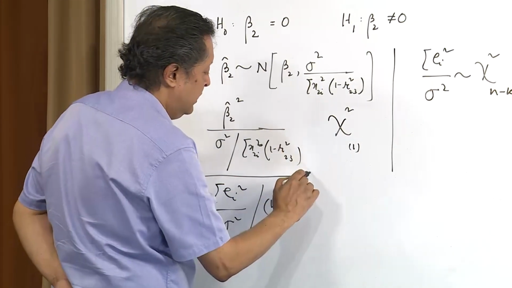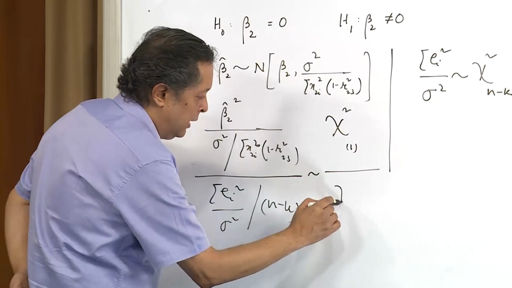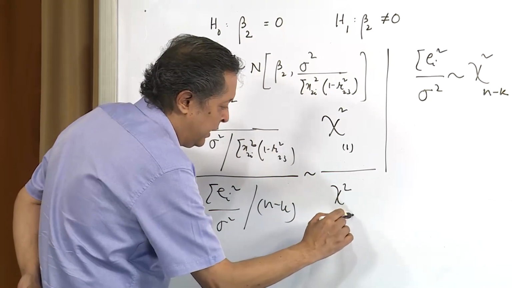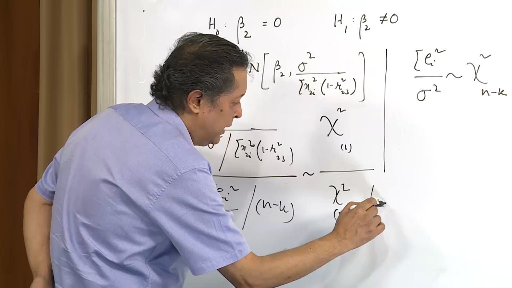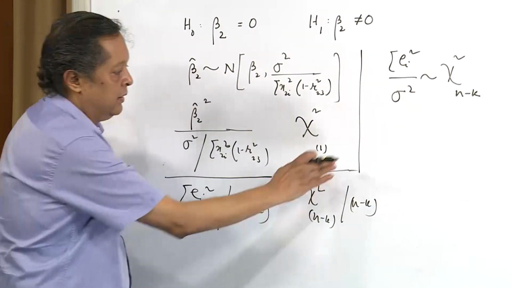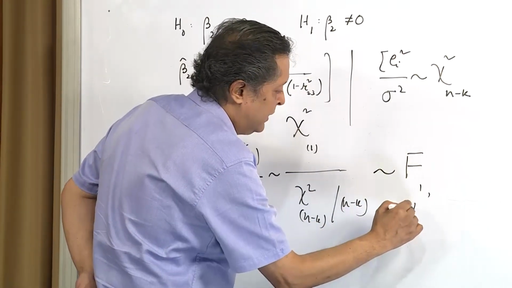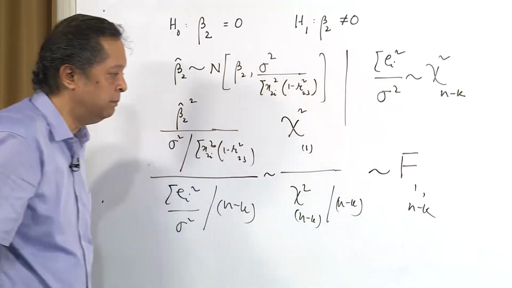So, this basically is a ratio of chi-square 1 and chi-square n minus k divided by n minus k, and that, as we know, is an F distribution with 1 and n minus k degrees of freedom.